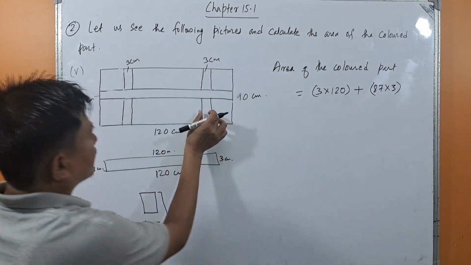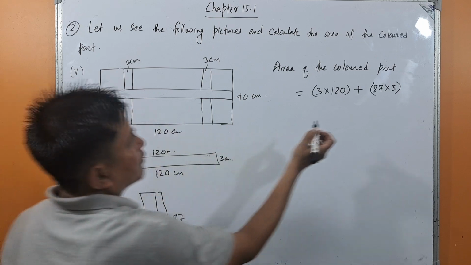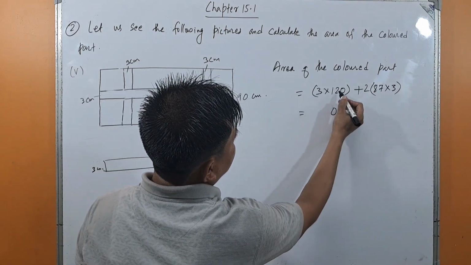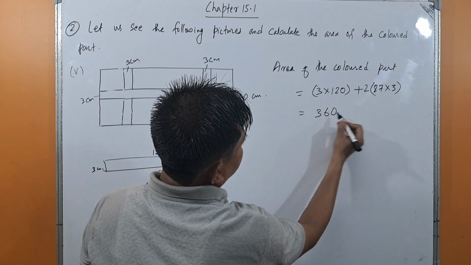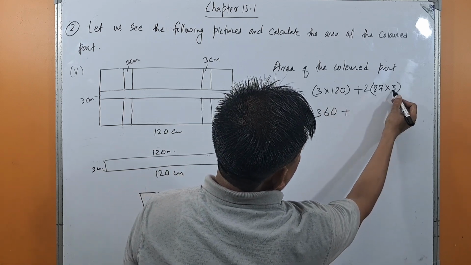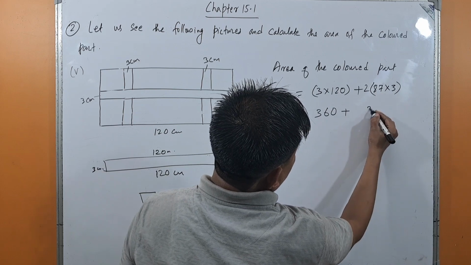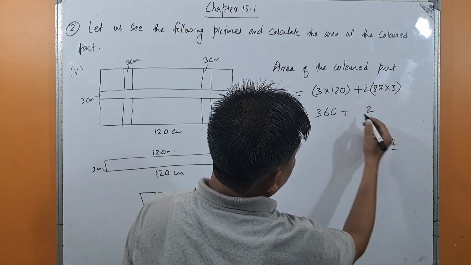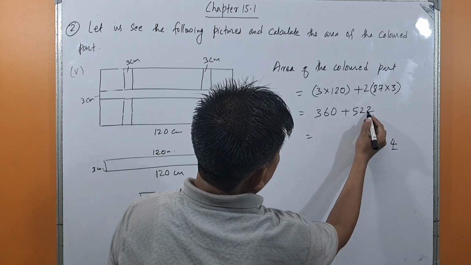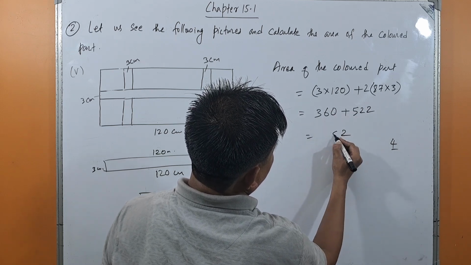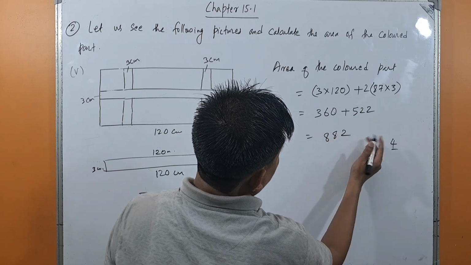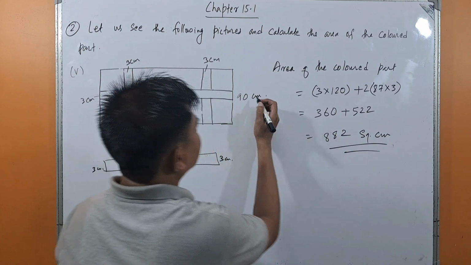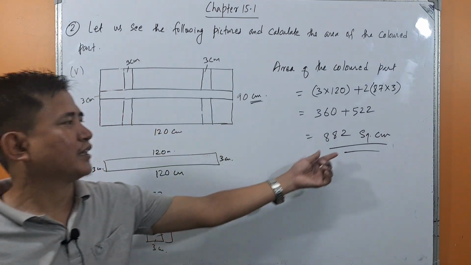We have a similar type of rectangle here as well, so we multiply with 2 in this case. 3 0s are 0, 3 2s are 6, 3 1s are 3 plus 2 3s are 6. 6 into 7 is 42, 2 and 4 in hand, 6 8s are 48, 48 plus 4 is 52. So 2 plus 0 is 2, 2 plus 6 is 8, 5 plus 3 is 8. 882 square centimeter. Unit is centimeter here. So this is the area of the colored part.